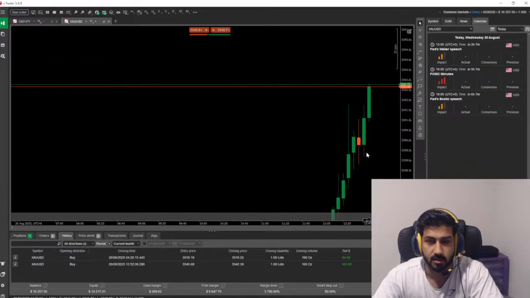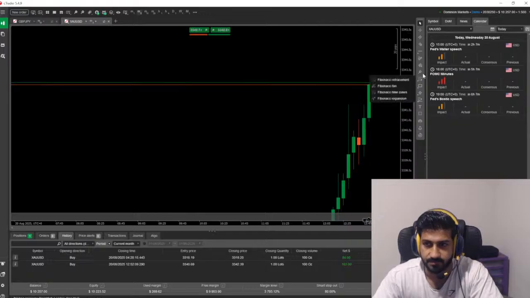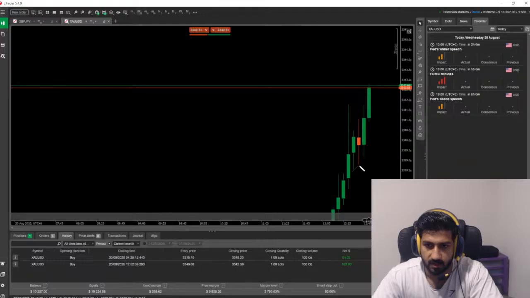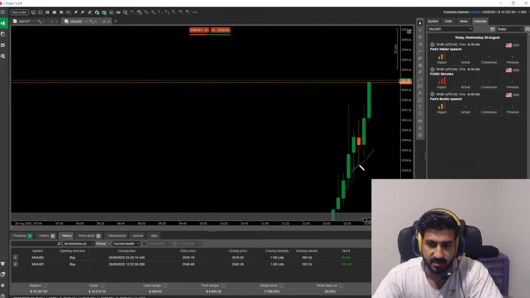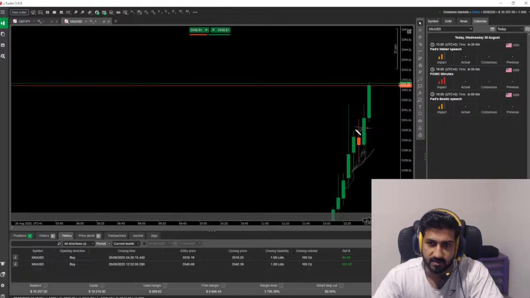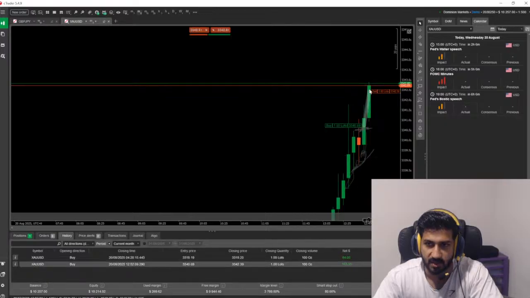I was taking a look at 5-minute where it's been creating higher highs, right? If you look at this and see what the price is telling you, this candle did not break the previous low. This candle did not break the previous low. Also did not break the previous low, and as it was breaking above, this is where I entered the position, and this is where we exited.